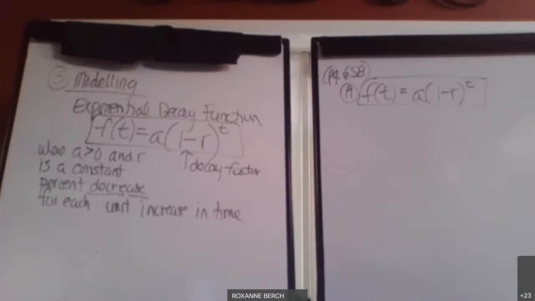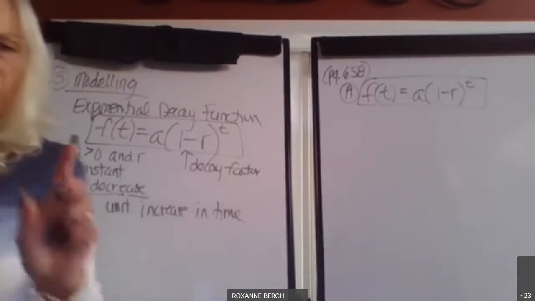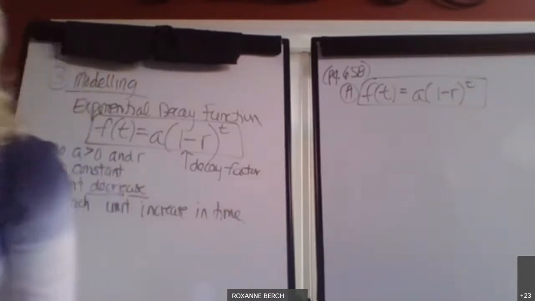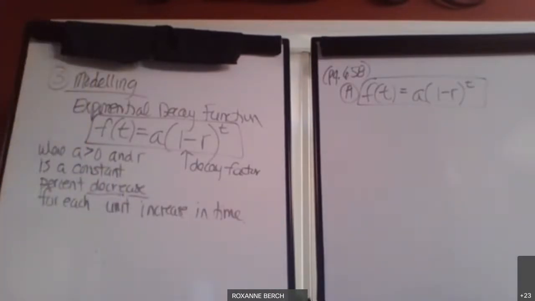So they do want the exponential decay function, and here's the problem. The value of a truck purchased new for 28 grand decreases, and that tells you whether it's exponential growth or decay. So it decreases by 9.5% each year. Write an exponential function for the situation and graph it using a calculator, and then use the graph to predict how many years the value of the truck will be 5,000.